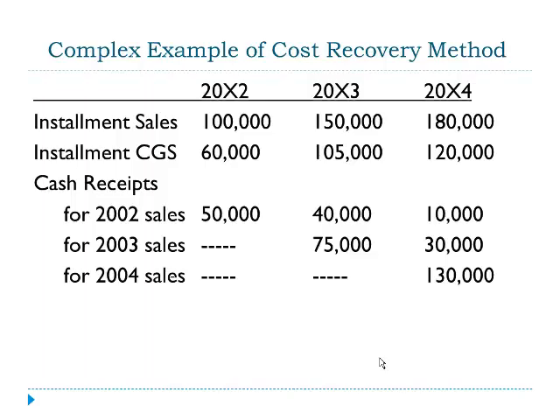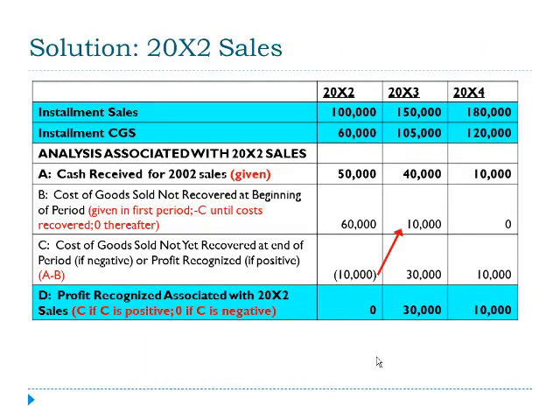Notice that that does not occur in 2002, so there's going to be no revenue to recognize in 2002. In the next year, when I get $40,000 of payments on the 2002 sales, now I have fully recovered the installment cost of goods sold from the 2002 sales, and I can begin to recognize revenue.